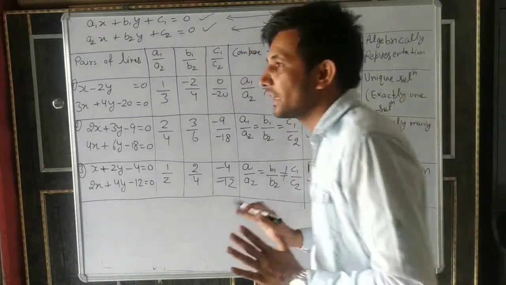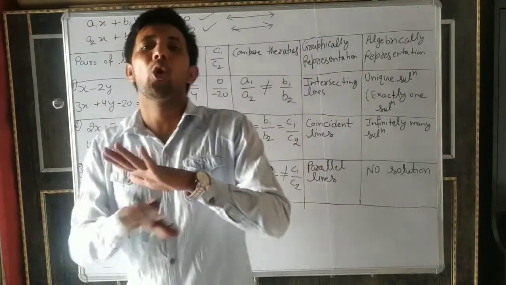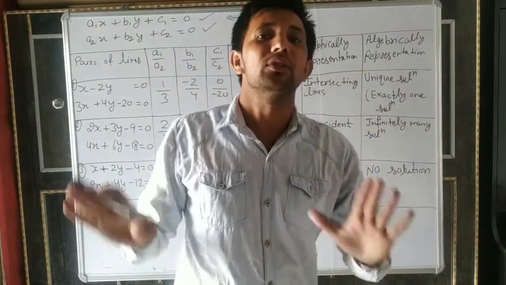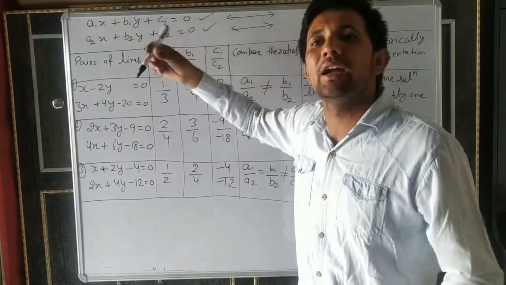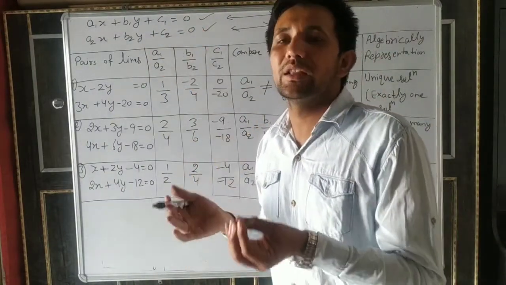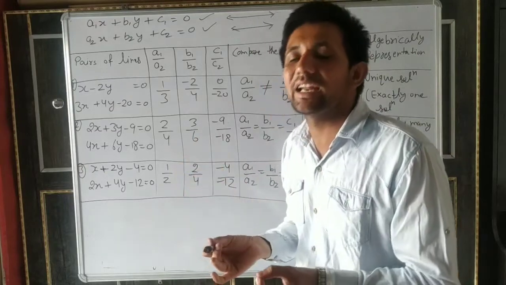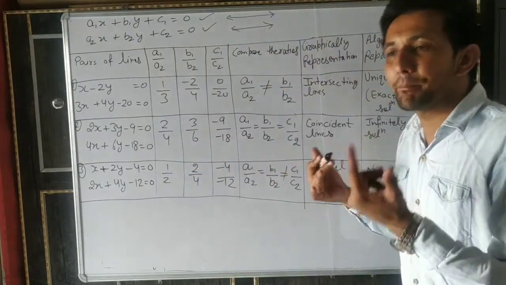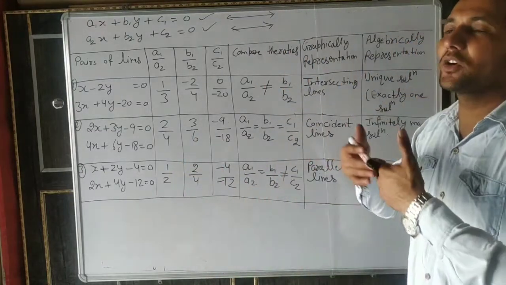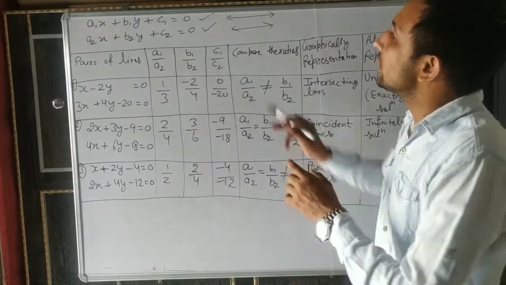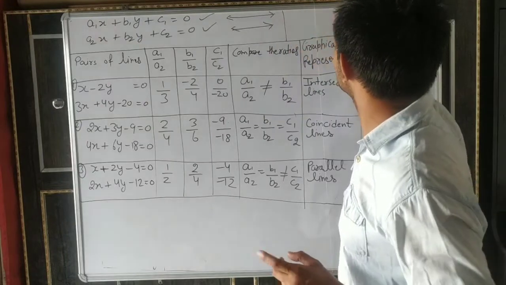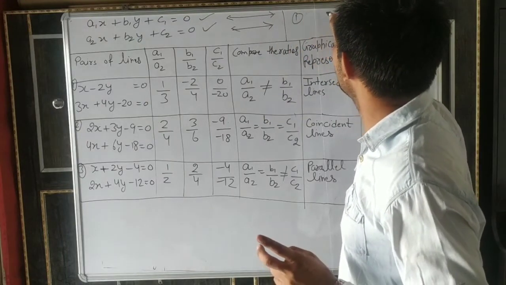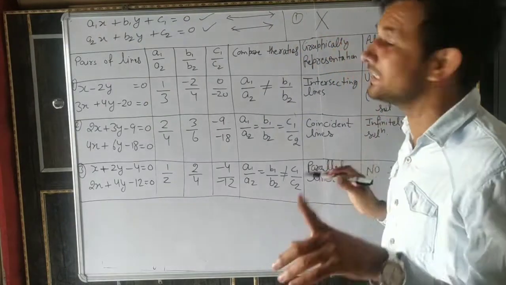But in the next question, there is no need to draw the graphs. We will directly check the equations and say whether they are intersecting lines, parallel lines or coincident lines. Because if their graph is a straight line, there are 3 possibilities. First, maybe they intersect each other.